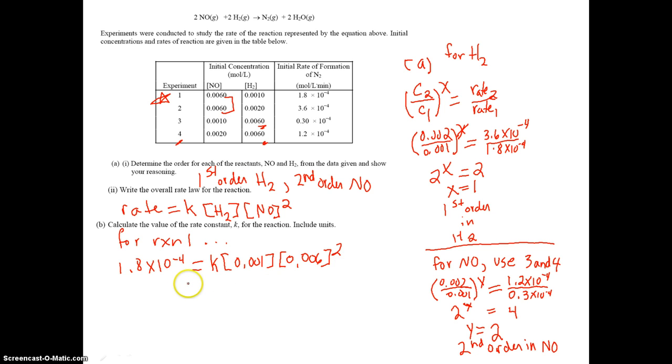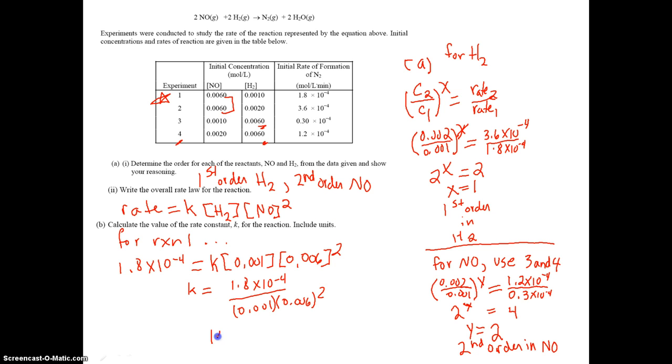And so I see then that my rate constant, K, is going to be equal to 1.8 times 10 to the minus 4 divided by 0.001 times 0.006 squared.